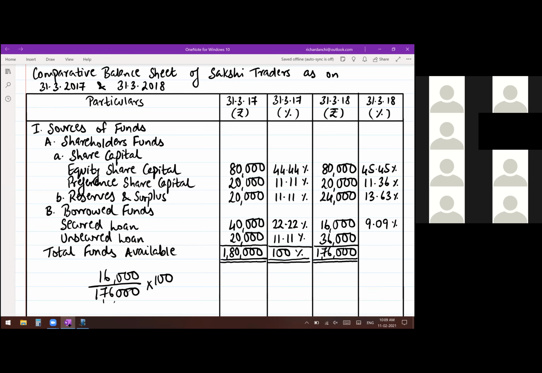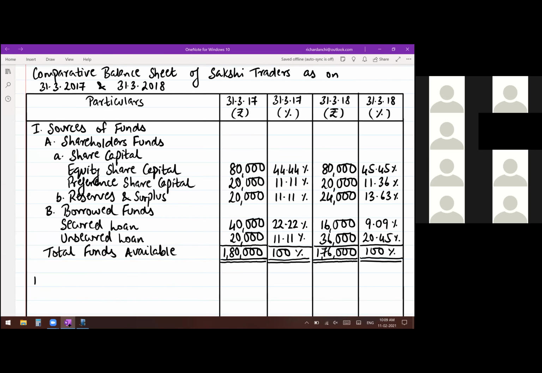And then the last 36,000 unsecured loan divided by total 1,76,000 into 100. 20.45%. Total, that is 100%. Okay. Sources of funds complete. Let's move on to the next, and that is application of funds.